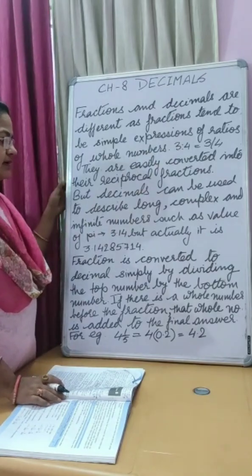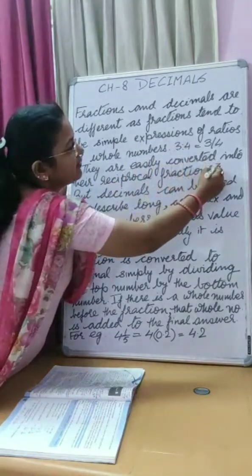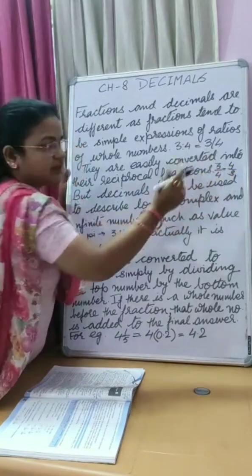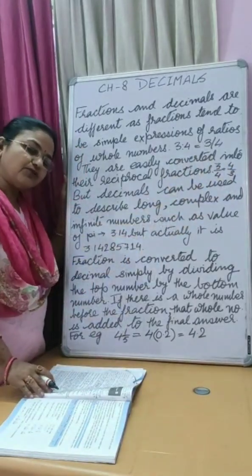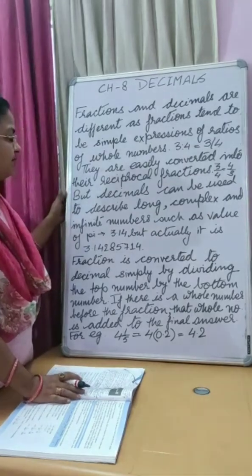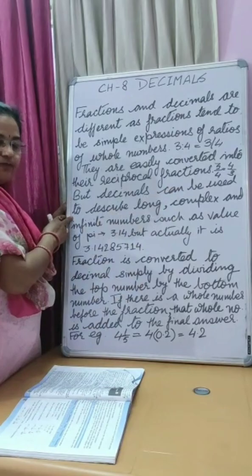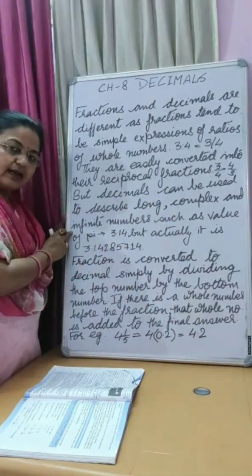They are easily converted into their reciprocal fractions. 3 by 4 is easily converted into 4 by 3. That is the reciprocal. But decimals can be used to describe long, complex and infinite numbers.